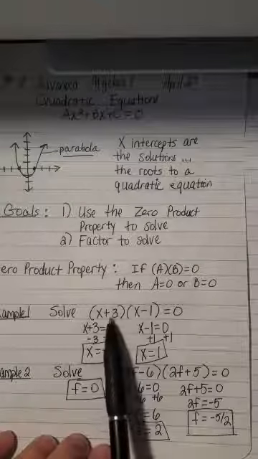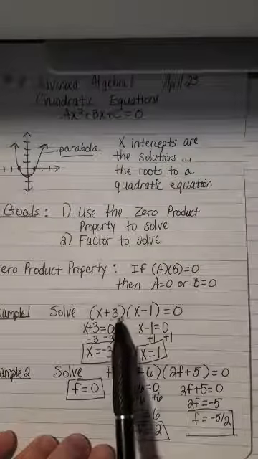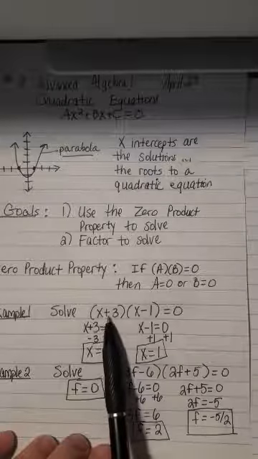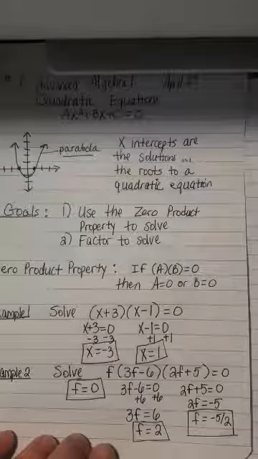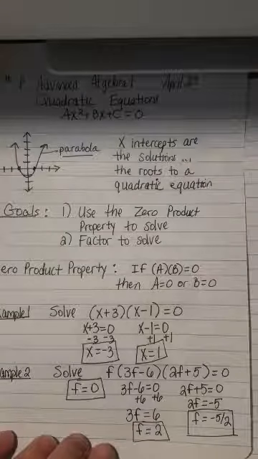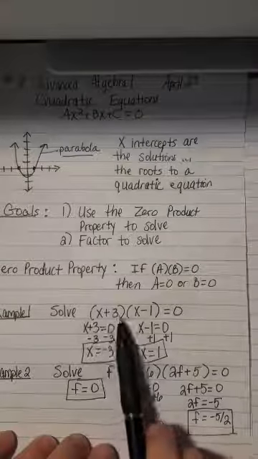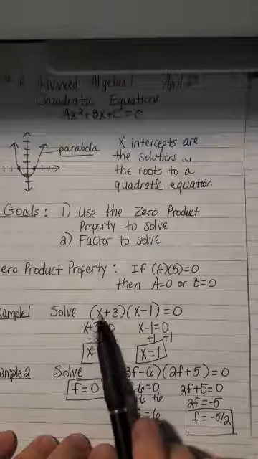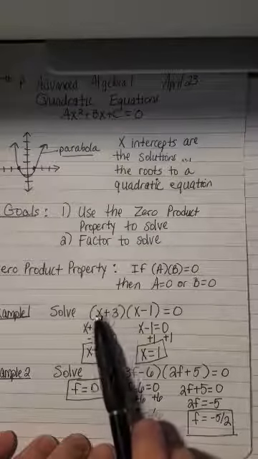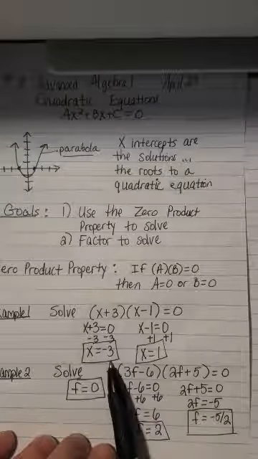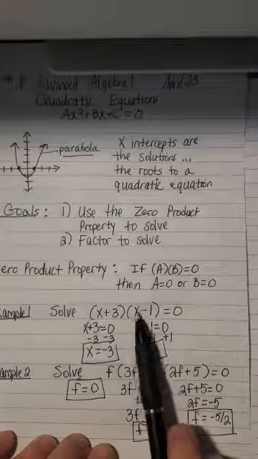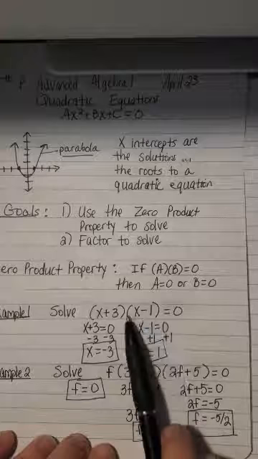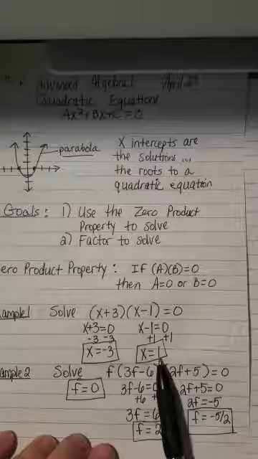When you've got your two parentheses, it's always going to be the opposite sign of the back over the front. That's what I always tell my students to remember. It's the opposite of the back over the front. So that would be -3 over 1, which is -3. The opposite of the back over the front, which would be +1 over 1, which is +1.